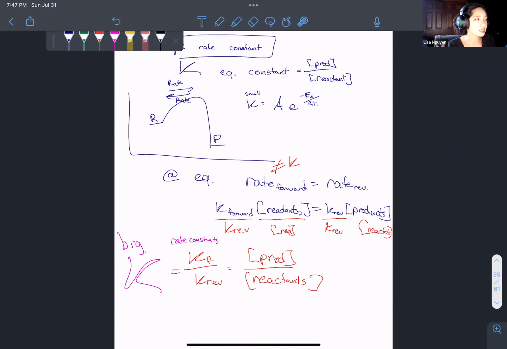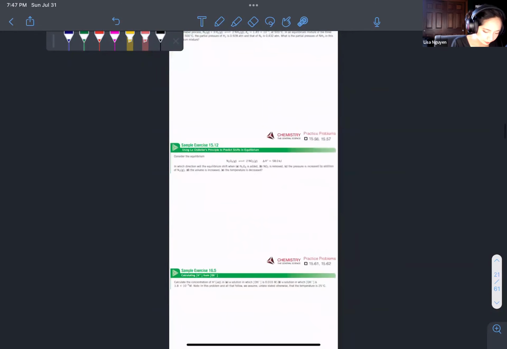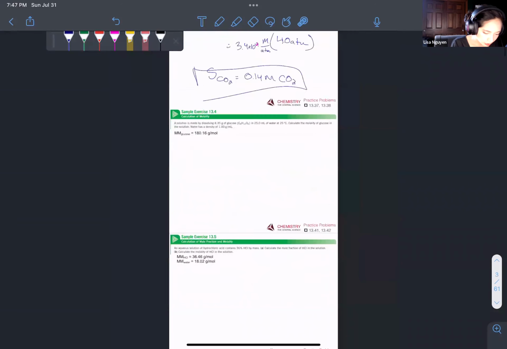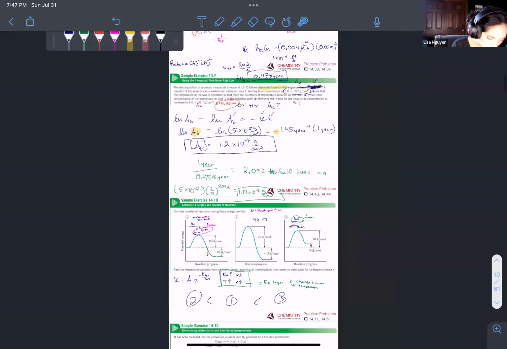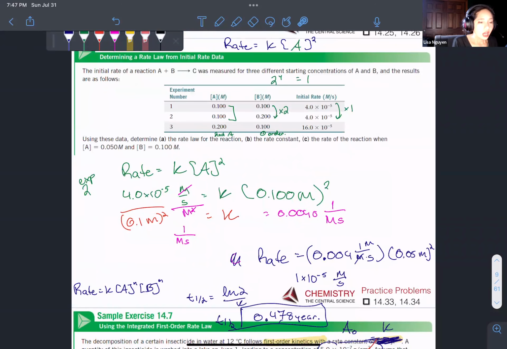become the exponents. Those exponents are based upon order, like first order, second order, zero order. Typically the order of reactions is determined experimentally. So that's like examples where I give you table values, or experiments where you need to determine the order of the reaction.